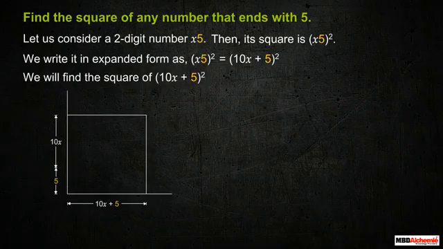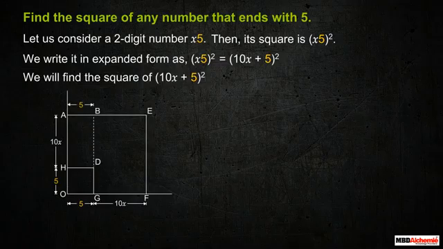We will find the area of the square AEFO by drawing a square HDGO of length 5. The rectangle ABDH is 5 by 10x, the rectangle DCFG is 10x by 5, and the square BECD is of length 10x.